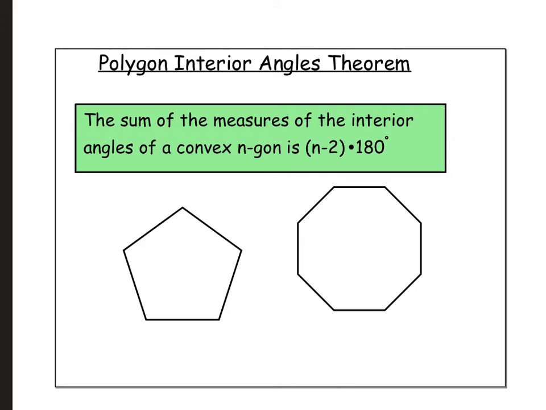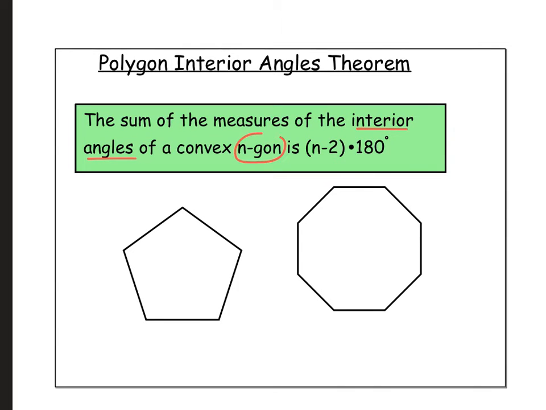So there's a theorem saying the sum of the measures of the interior angles. Okay, so the interior angles, we'd have angle 1, 2, 3, 4, 5 angles in there. And if we were to add up those angle measures, that would be the sum. So the formula for that is n minus 2 times 180, and the n is basically how many sides these figures have.